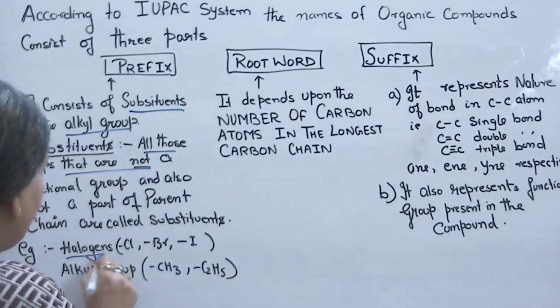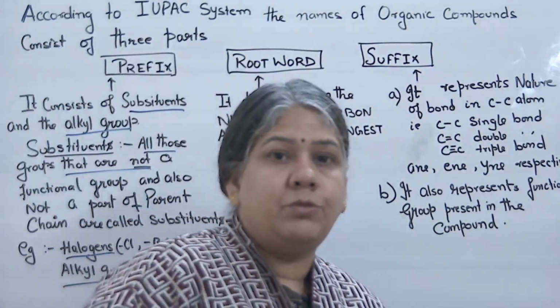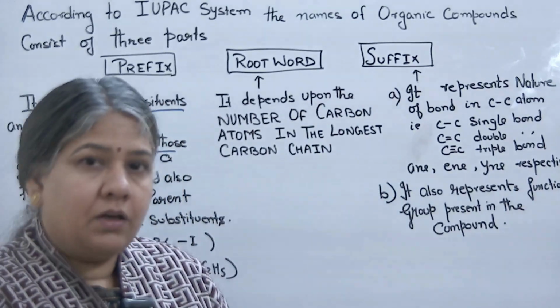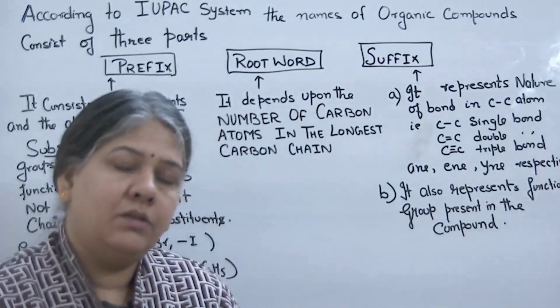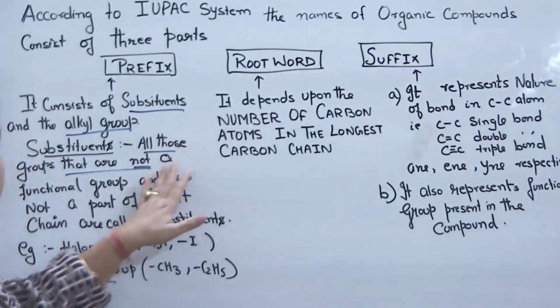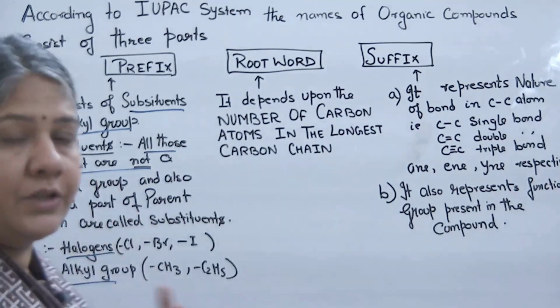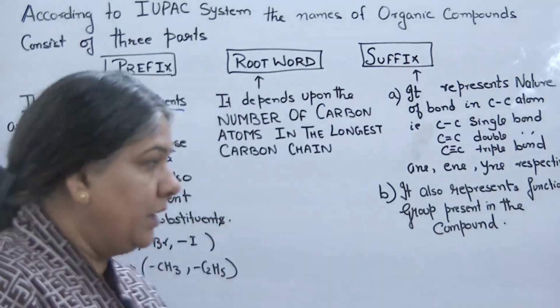For example, halogens and alkyl groups are substituents. For the class 10 syllabus, you must remember these two because most of the time these two are asked most often. So substituents are those groups that are not functional groups and also not part of the parent chain.